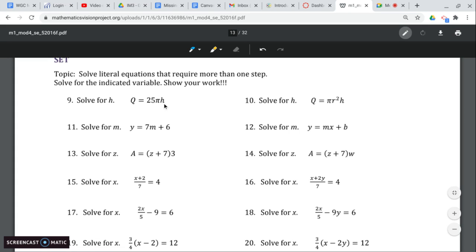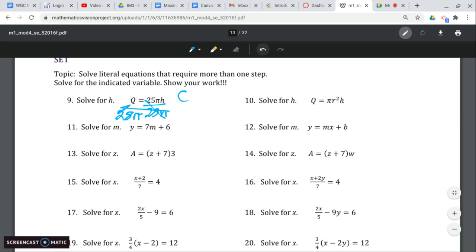So to get the h by itself, what's happening between the 25 pi and h? They're being multiplied. So to undo multiplication, we need to divide. So we divide by 25 pi, divide by 25 pi. That cancels out.